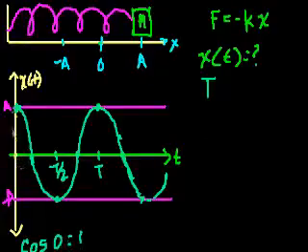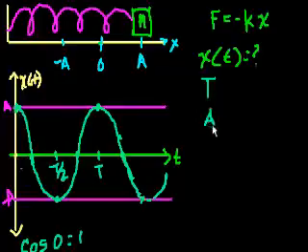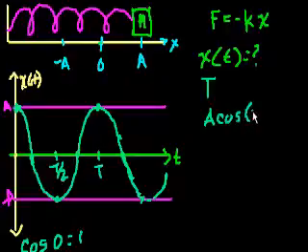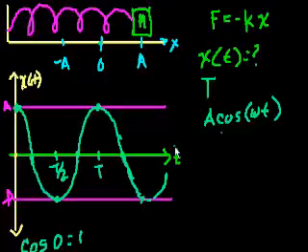So when t equals 0, this function is equal to A. So this function probably looks something like a cosine of, and I'll just use the variable omega t. Probably looks something like that, this function. And we'll learn in a second that it looks exactly like that. But I want to prove it to you, so don't just take my word for it.